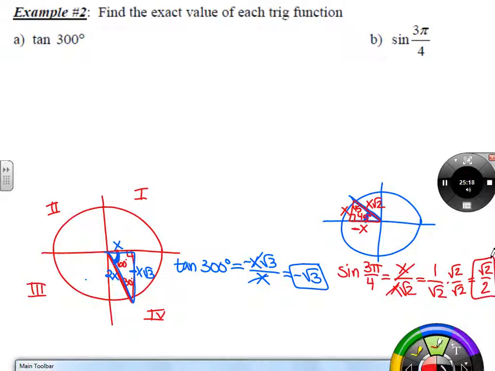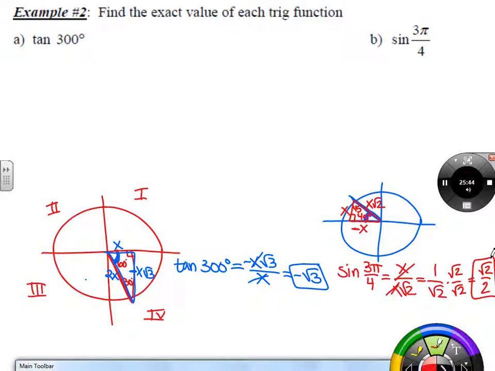So again, all we did was take opposite over hypotenuse and translate it into y over radius. And they're going to give you the information in 2 different forms. Either they're going to give you the angle location, which would completely have to be a 30, 60, 90, or 45, 45, 90 for you to know anything about the side lengths without them telling you a side length.